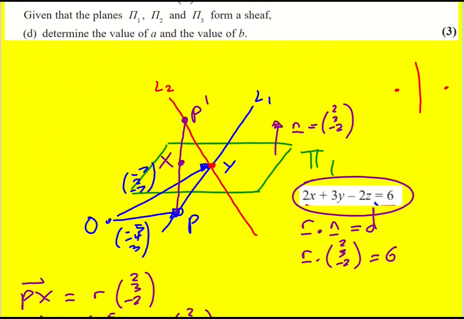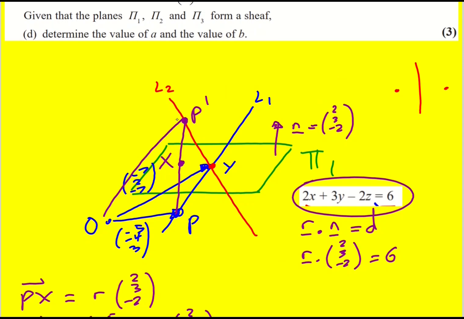Remember that was our OP dash. So let me just add that to my diagram. 3, 8, minus 5. Okay, so now, I know I'm a bit all over the place here, but now if I want to find P dash Y, because remember that gives me a direction vector for L2, then it's going to equal OY, which we worked out because it was that minus 7, 2, minus 7, minus OP dash.